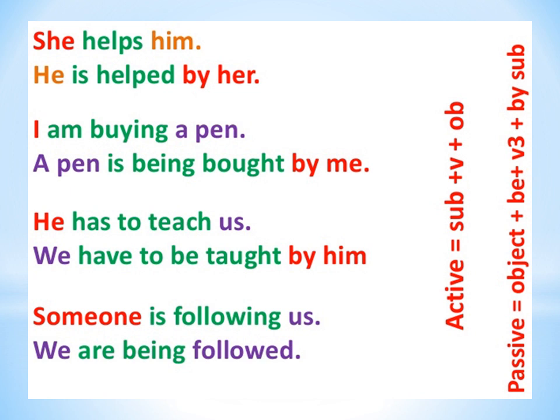Example number 2: I am buying a pen. A pen is the object of the sentence, so I'm going to move it to the beginning of the sentence. Number two, I am going to choose a suitable verb to be. I'm going to use is. Why? Because the object is singular, and we have the present continuous tense.